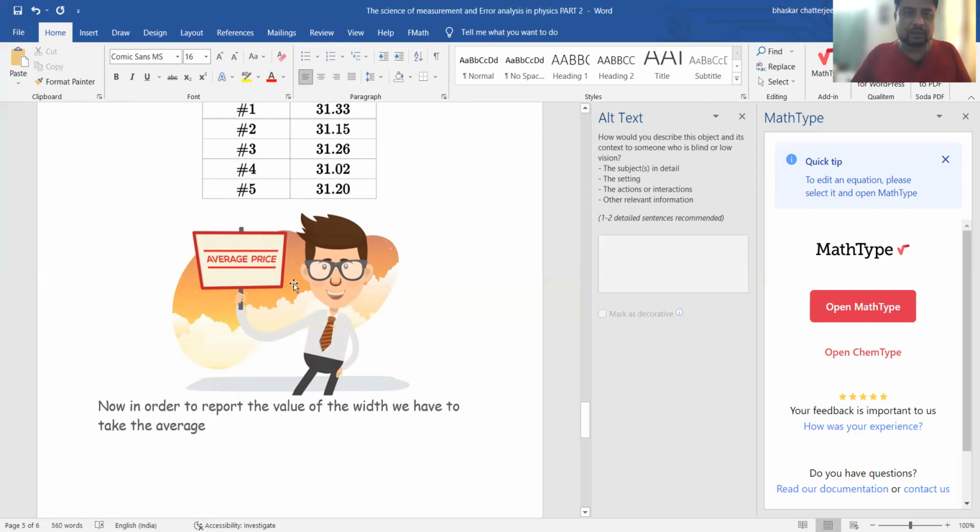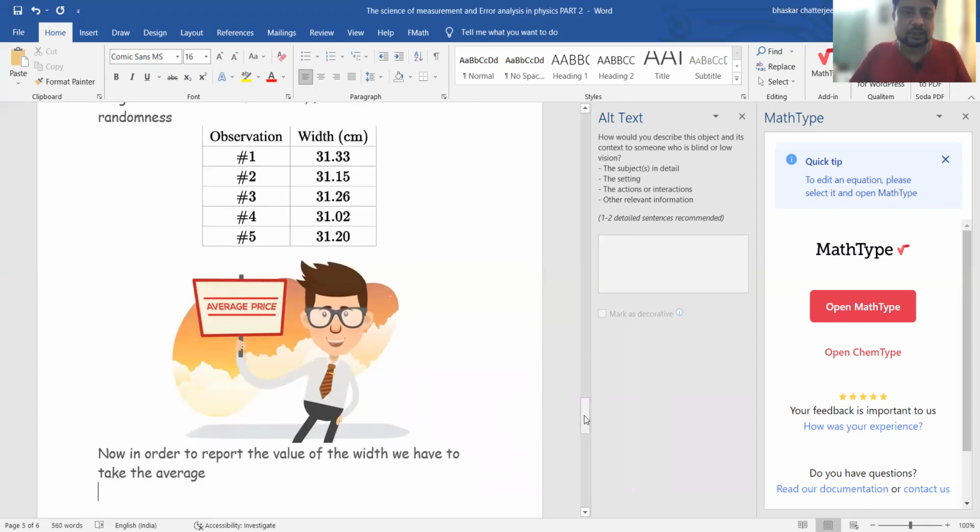We take the average of these numbers. We add 31.33, 31.15, 31.26, 31.02, 31.20, and you divide it by 5. So this is what we are getting.